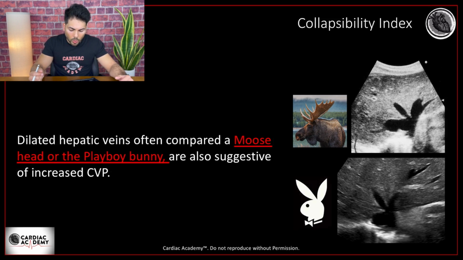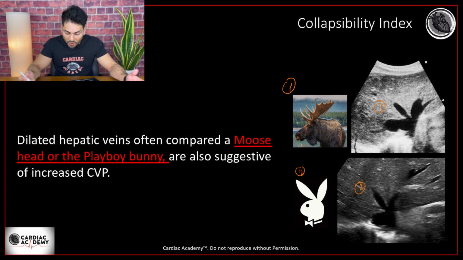So looking at the hepatic veins, which connect to the IVC, can also be very helpful. When you have a full IVC, all that pressure is going to be transferred into the hepatic vein as well. And a lot of echocardiographers will compare dilated hepatic veins to either a moose, which you can see right here, or the Playboy bunny, which also looks like the Playboy bunny.